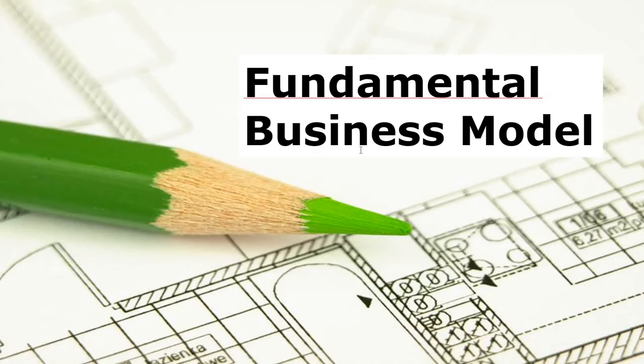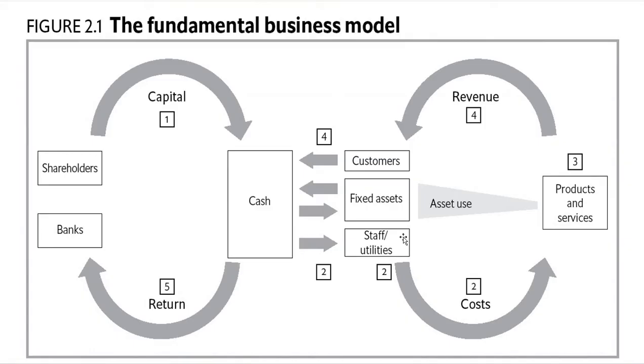So we have here first the fundamental business model. We have a diagram that depicts the fundamental business model. So it all starts with the shareholders and the banks. Shareholders represent the owners who contribute capital in the form of cash to the business.